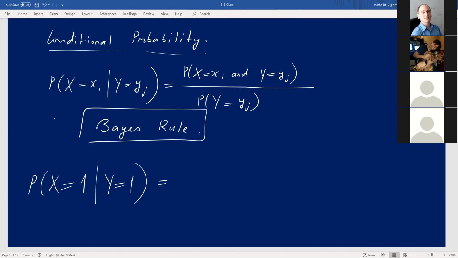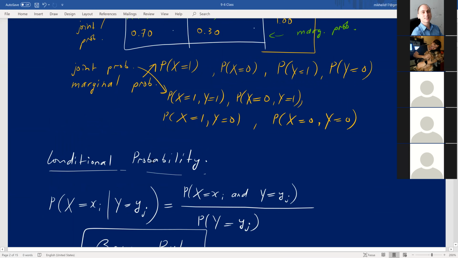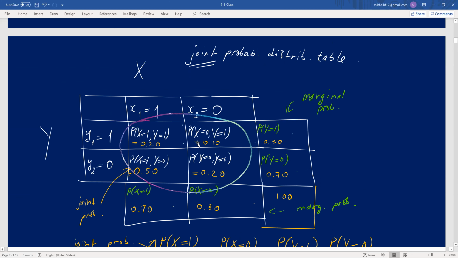Guys, are you with me? Yes. If I ask you exactly this question, would you be able to give me that probability directly from this table?